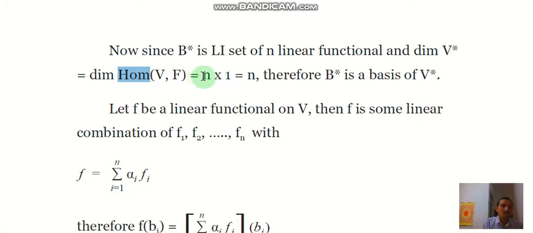In the previous theorems, we have proved that the dimension of Hom(V, F) is equal to the dimension of V into the dimension of the second vector space F, and the dimension of the field, we know, is 1. Therefore, n into 1 equals n. That is the dimension of V star, and the dimension of V is equal. Therefore, this B star spans the vector space V star, and therefore B star is a basis of V star.